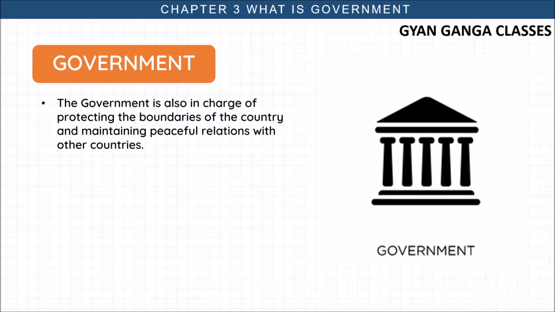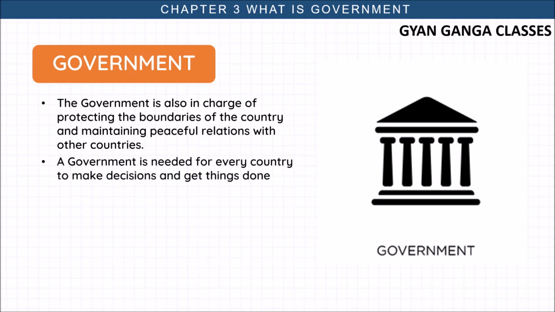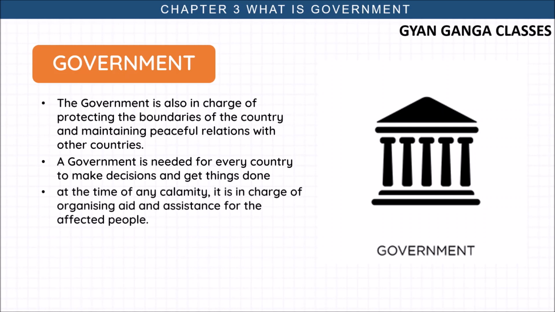The government is also in charge of protecting the boundaries of the country. It does so by maintaining peaceful relations with other countries, and by preparing and governing the army. A government is needed for every country to make decisions and get things done in the right way.